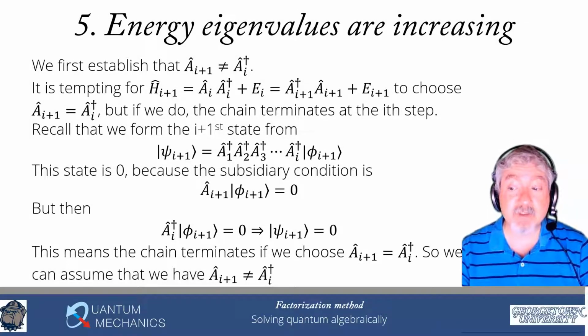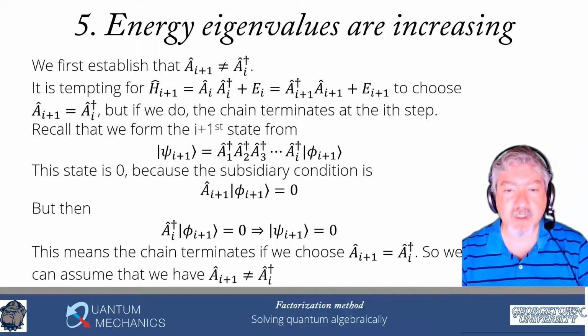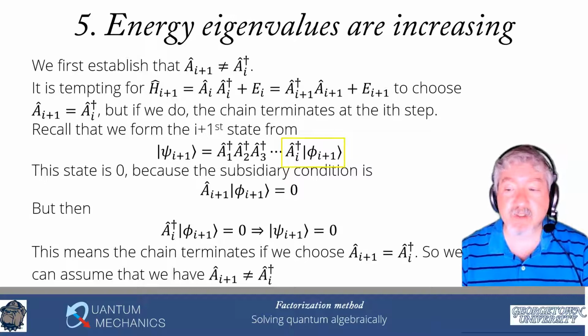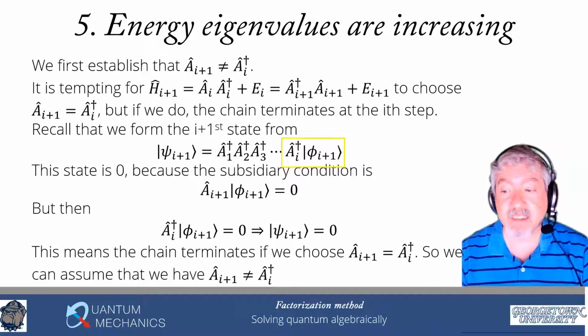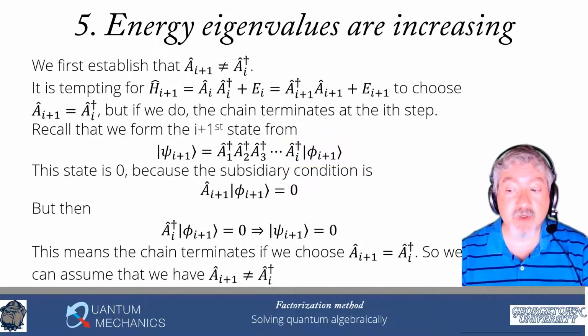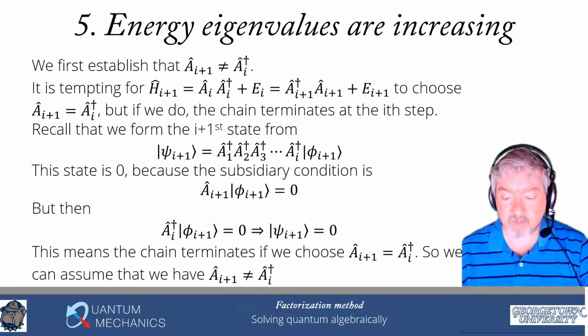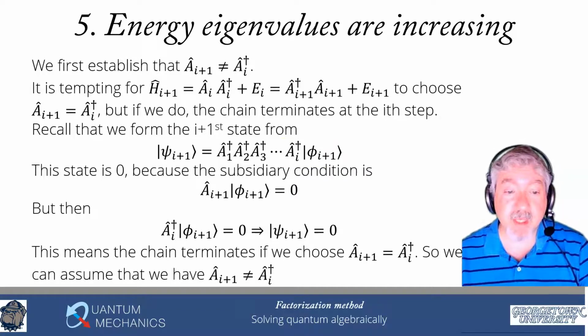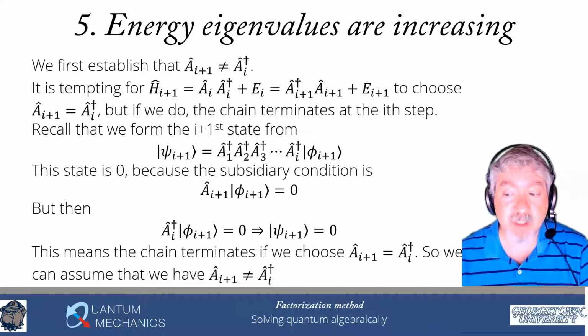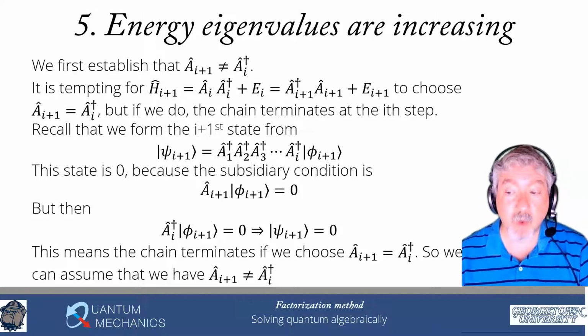But in reality, the most important thing that we need to assume is that the AI dagger acting on the phi I plus 1 is not equal to 0. You're going to see why we need that in order to make the proof. And of course, if AI dagger acting on phi I plus 1 is equal to 0, then I don't have a state. And so that assumption must hold, even if we don't choose A_{i+1} equals AI dagger.